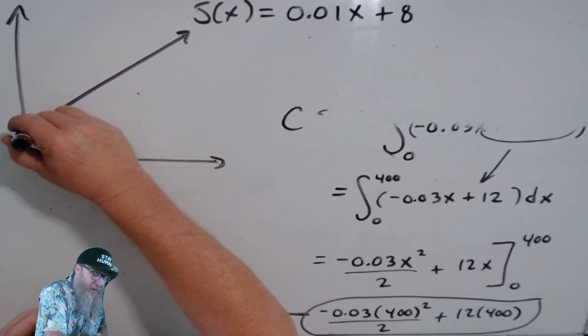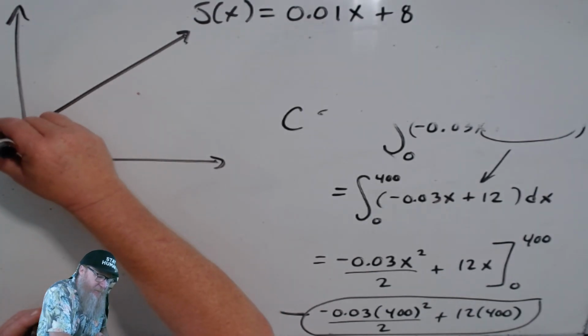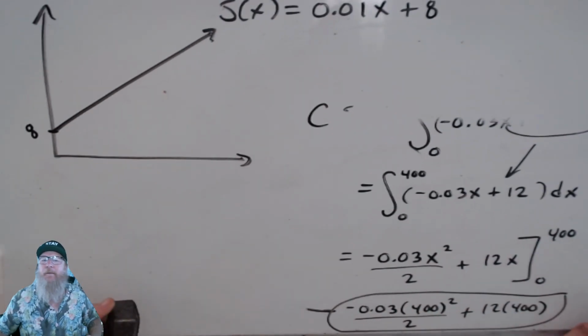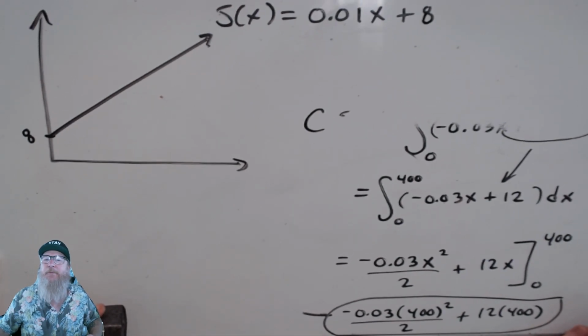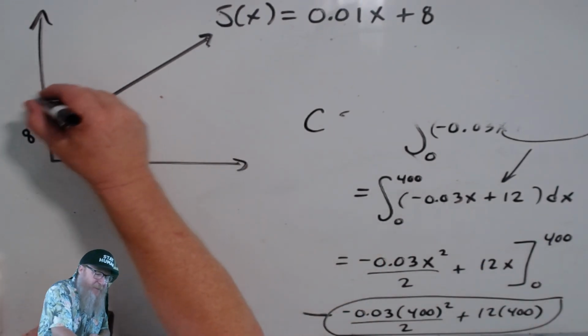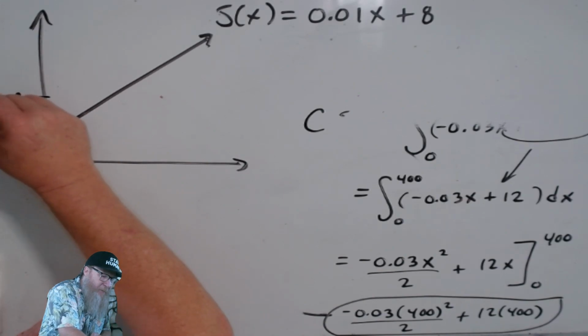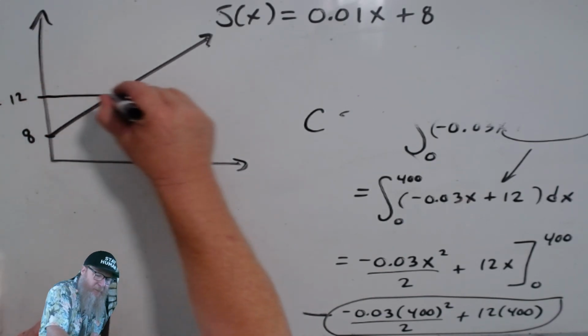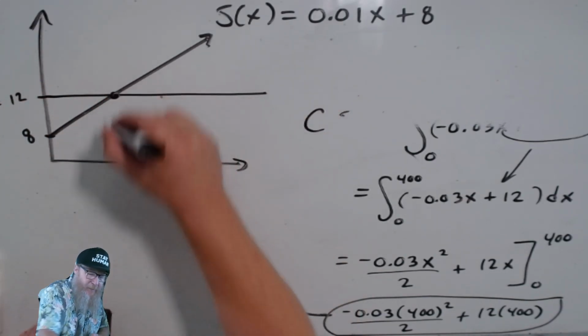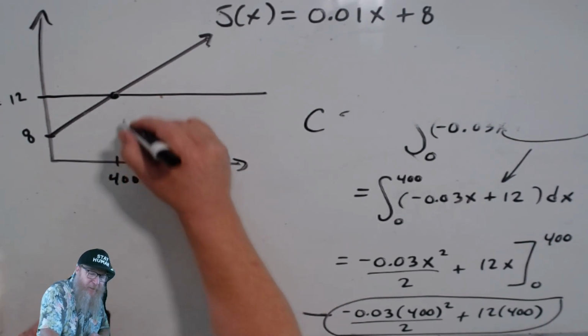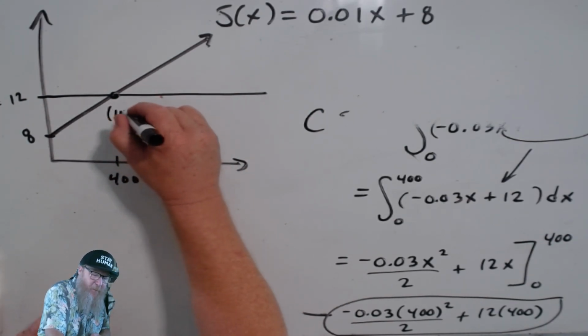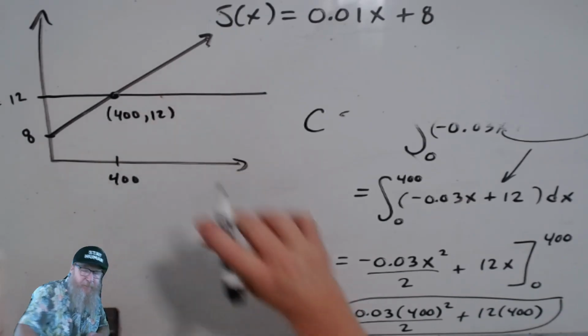So that crossed right here at 8. There's the y-intercept, which was 8. We still have the same equilibrium, which was 12. And then this is 400. So this is the point 400, comma 12.